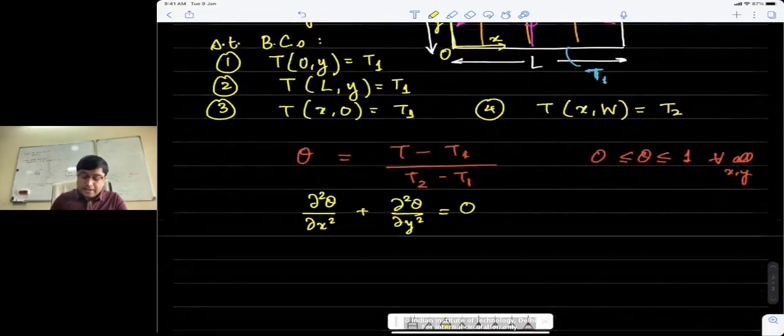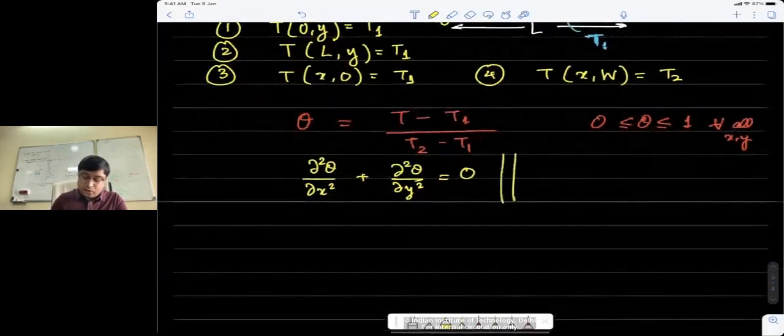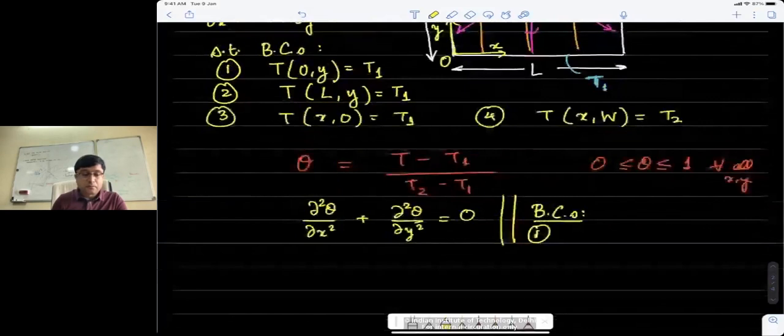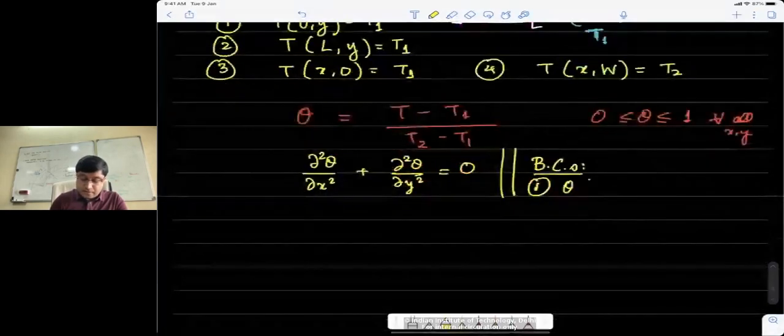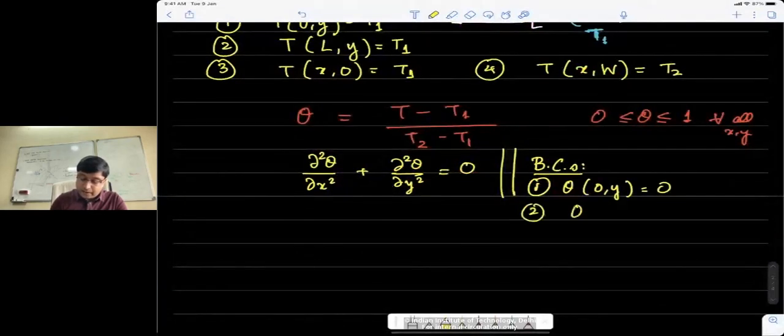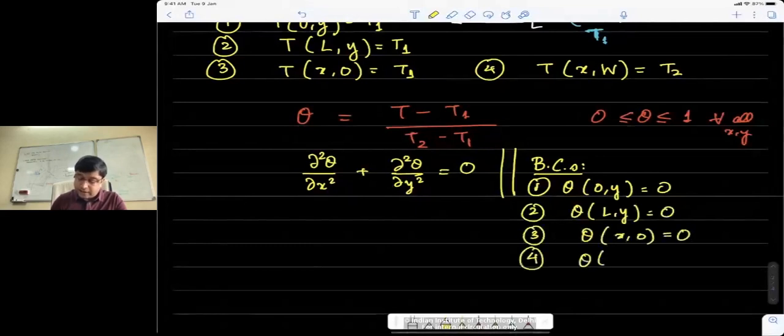And more importantly, the reason I did that was because if I look at the boundary conditions now, I have actually three boundary conditions which will now become homogeneous. So we will have theta at 0 comma y to be 0, theta at L comma y to be 0, theta at x comma 0 to be 0, and finally theta at x comma w is 1.